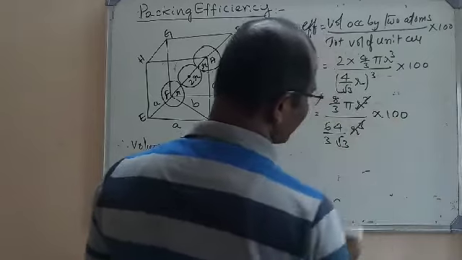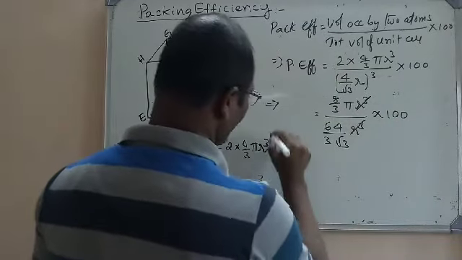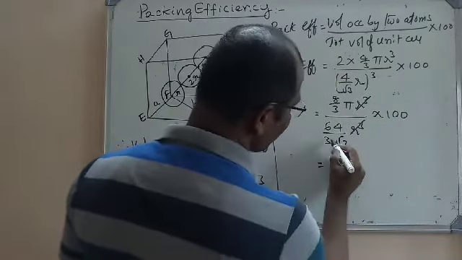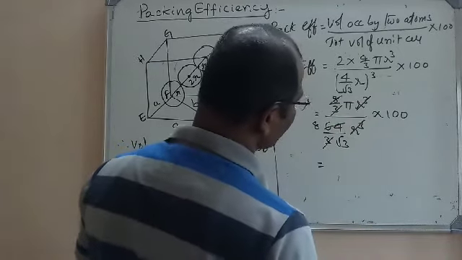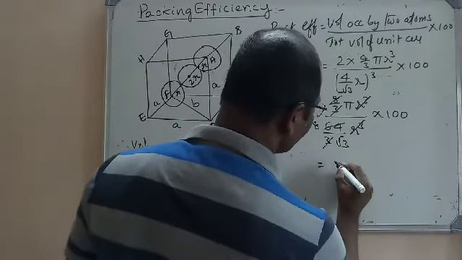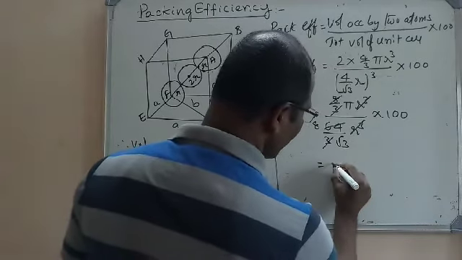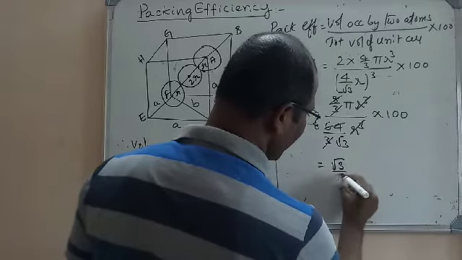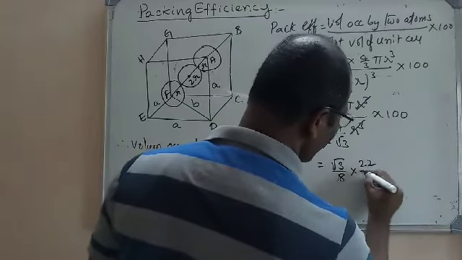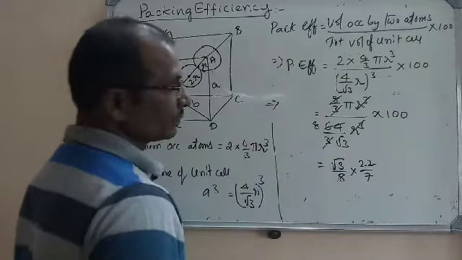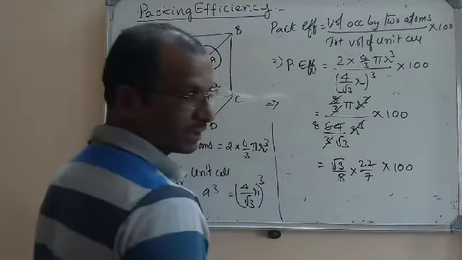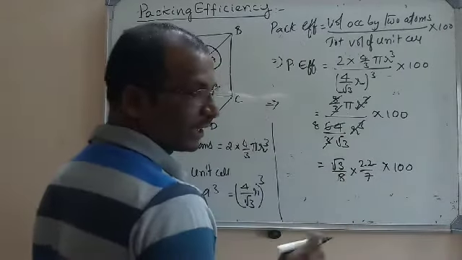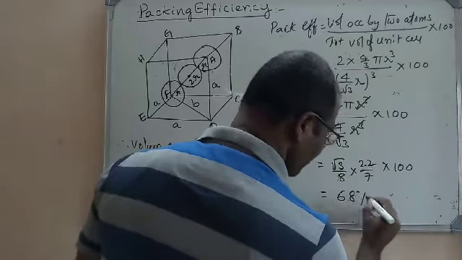So r cube gets cancelled with r cube, 3 goes with 3, and 8 8s are 64. What we get ultimately is root 3 by 8 into pi, that is 22 by 7, into 100. Root 3 is 1.732. If you substitute all the values, what we get is nearly 68%.